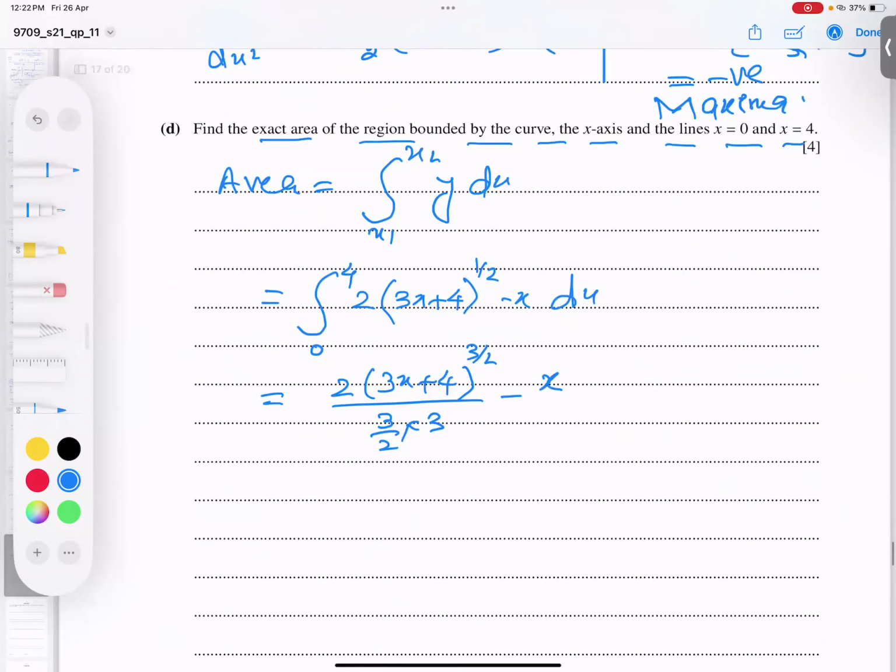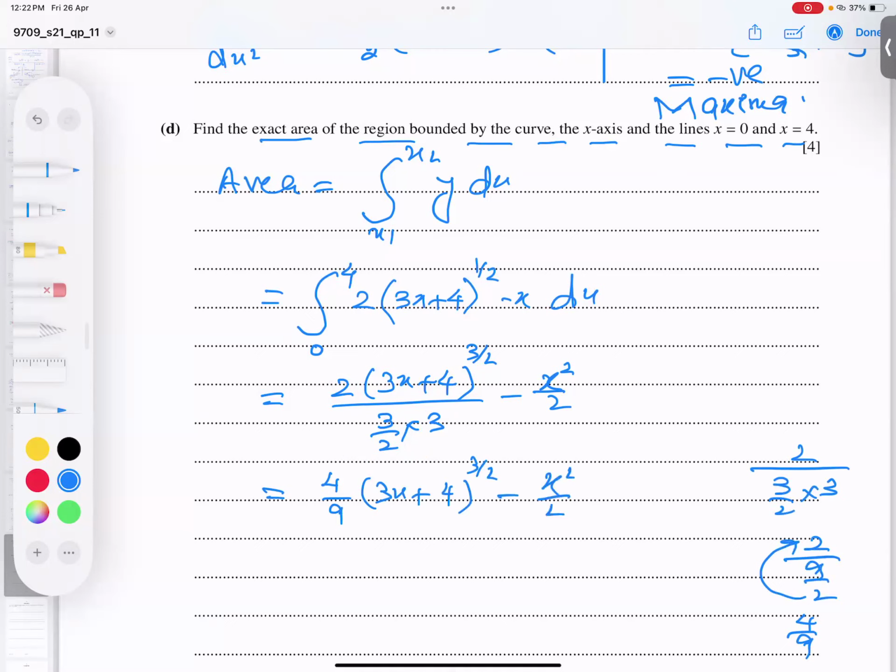And minus x becomes x square over 2. How to deal with these numbers? 2 up, 3 by 2 into 3 becomes 2 up, 9 by 2. This will flip up and become 4 over 9. You must know these techniques manually, or you can type in the calculator. And I missed the limits, 0 to 4.